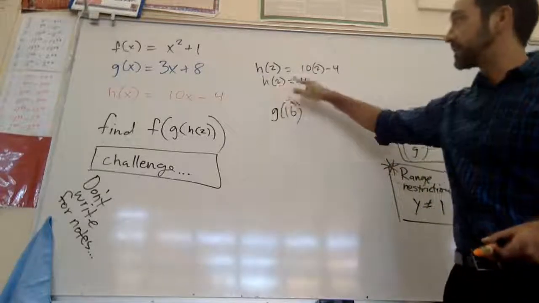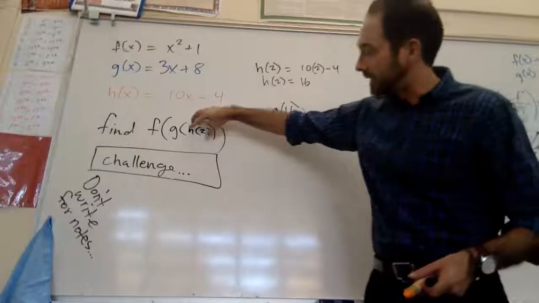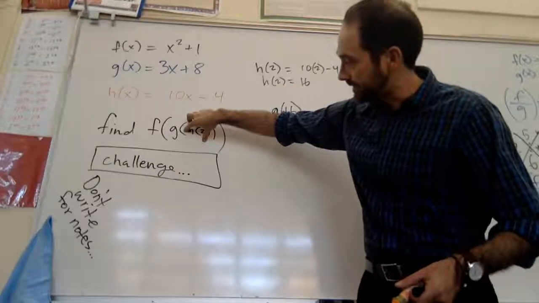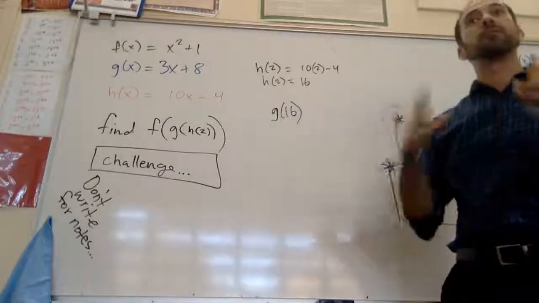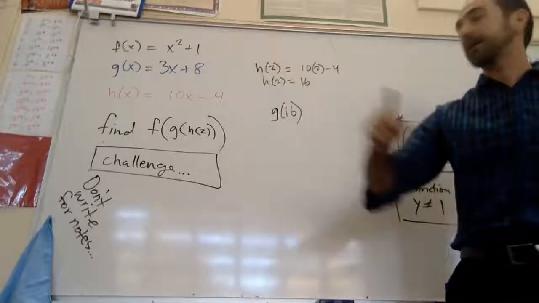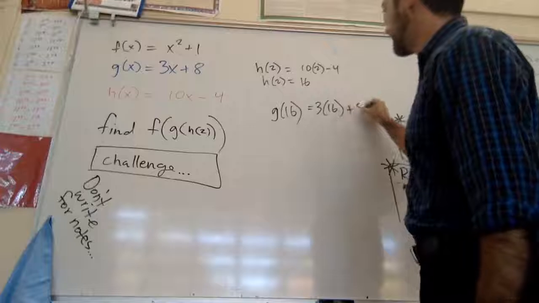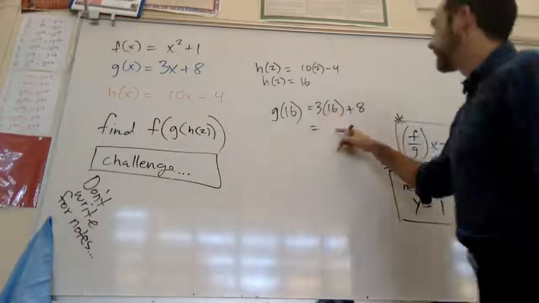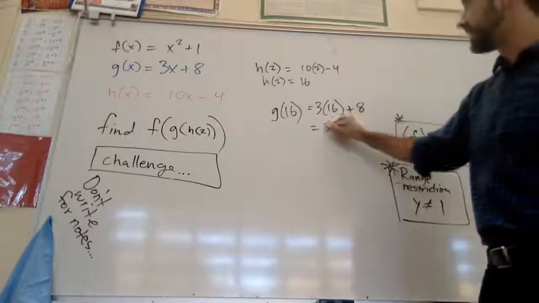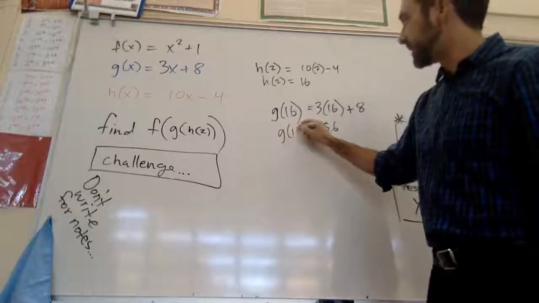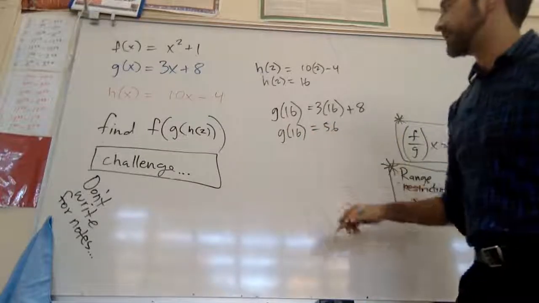I solve for h of 2. It's equal to 16. We got to figure out what g of 16 is, and then we'll be at the outer box. So g of 16 is 3 times 16 plus 8, and that's 48 plus 8, 56. g of 16 is 56.